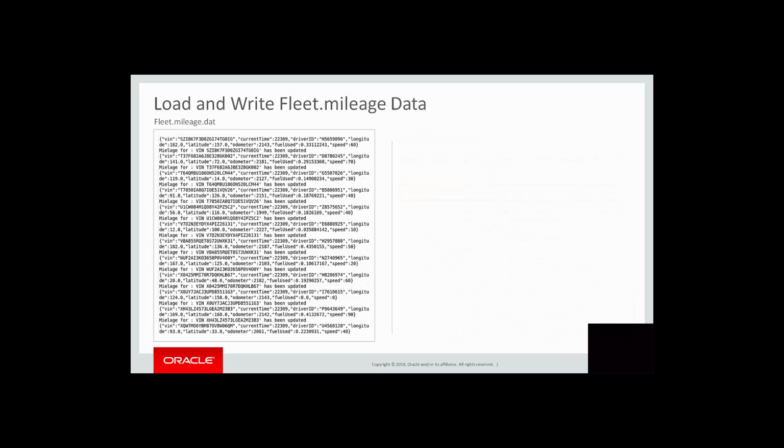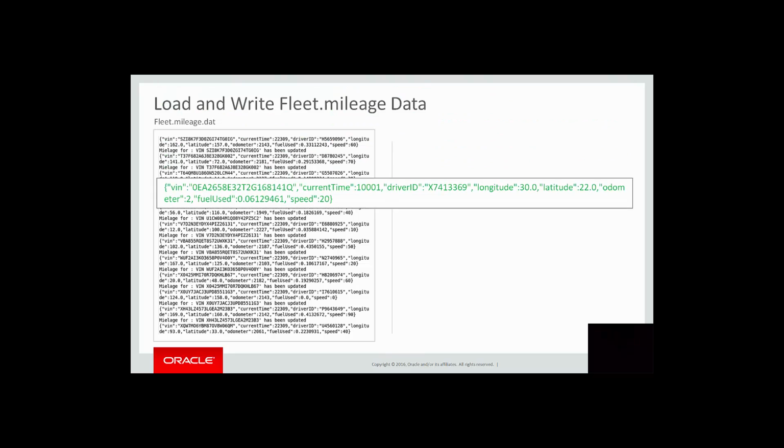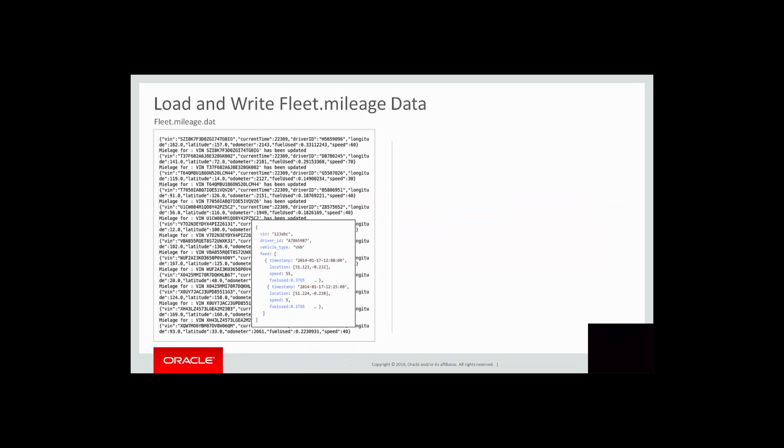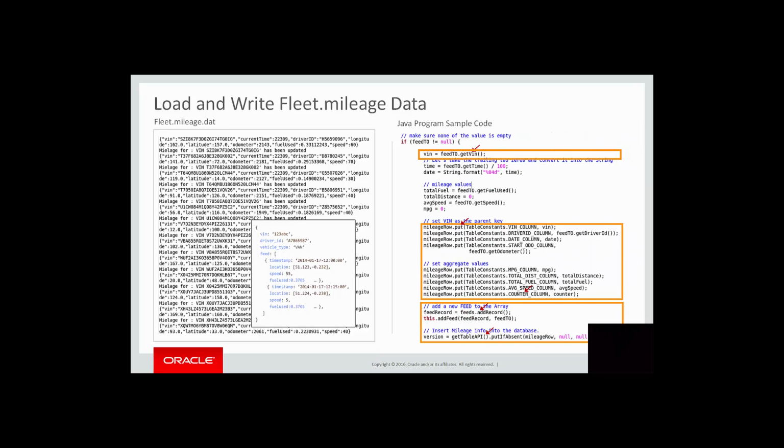And the same process for loading data for the child table is a simple JSON format. And so here's an example of the data we are loading. Here's the code, same thing.